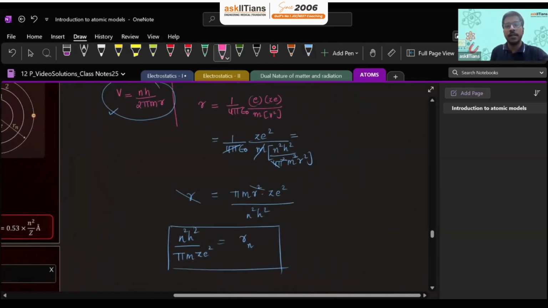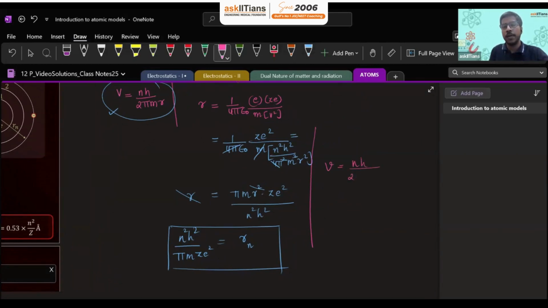So velocity in the nth orbit is nh by 2 pi mr. And this r can be replaced by n square h square by pi m z e square. Okay, so this m cancelled out, pi cancelled out.